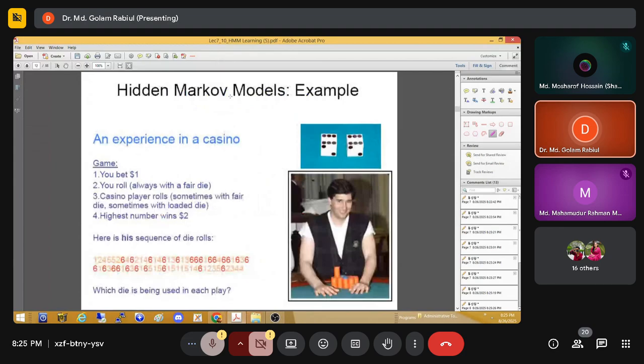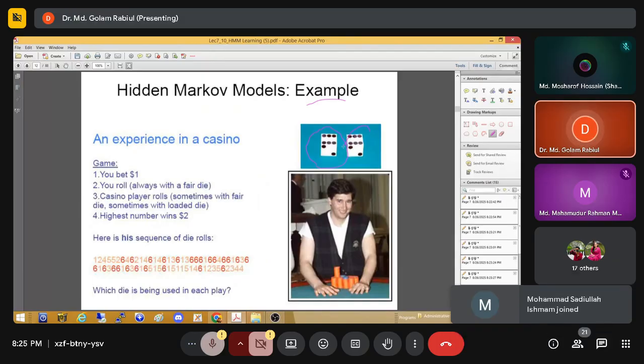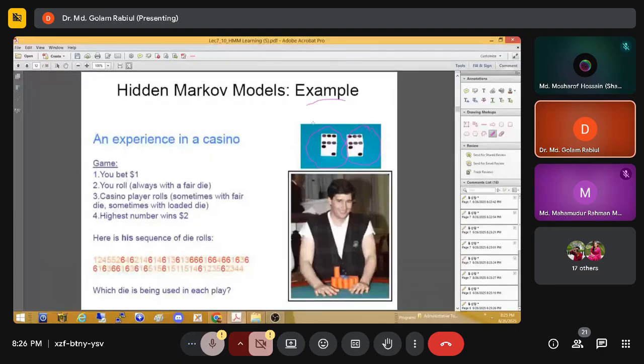Similarly, think about another example, like the dishonest casino model. The casino player may use a fair die or a loaded, unfair die.